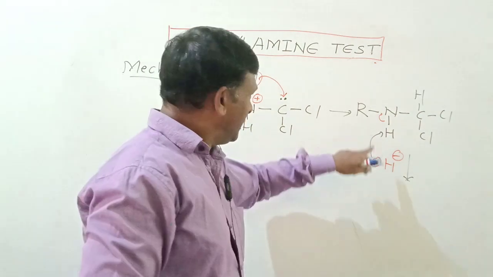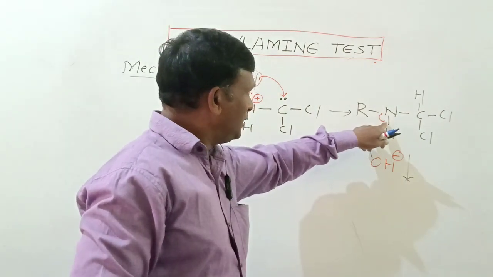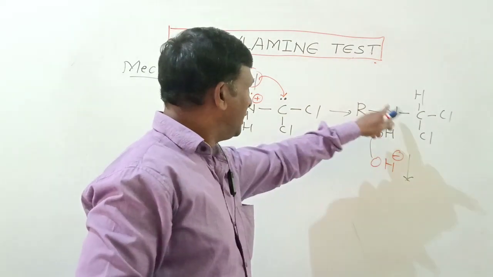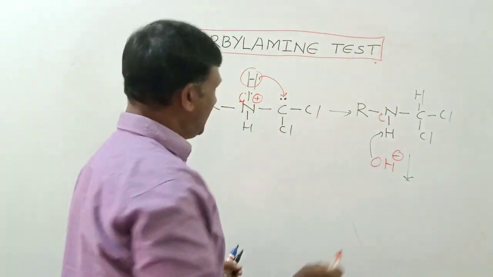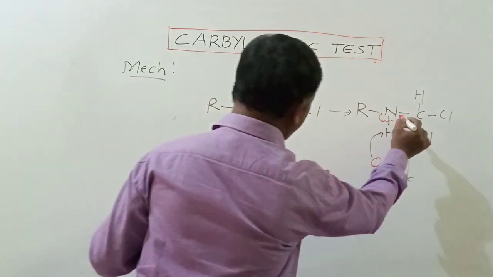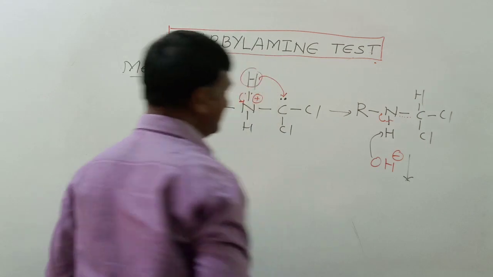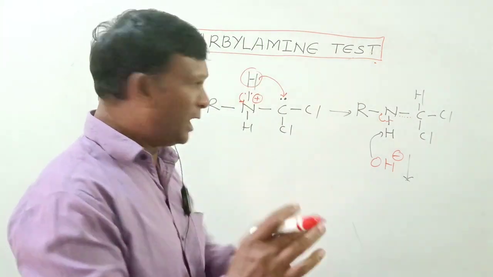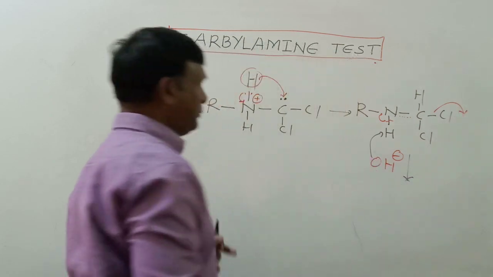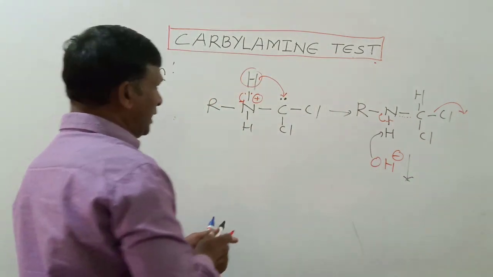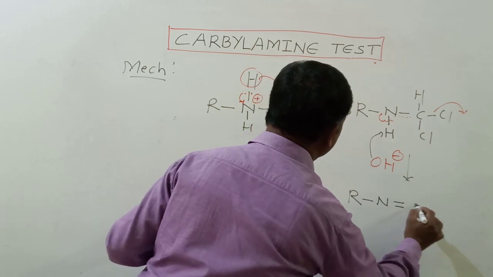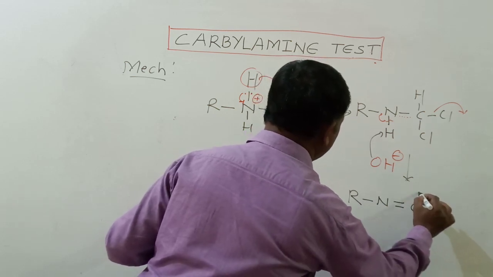So when the electrons of this bond are shifted towards nitrogen, and when this bond is being broken down, this bond is going to start to be formed, during which one of the chlorines expels out from here. So we will get formation of this species.